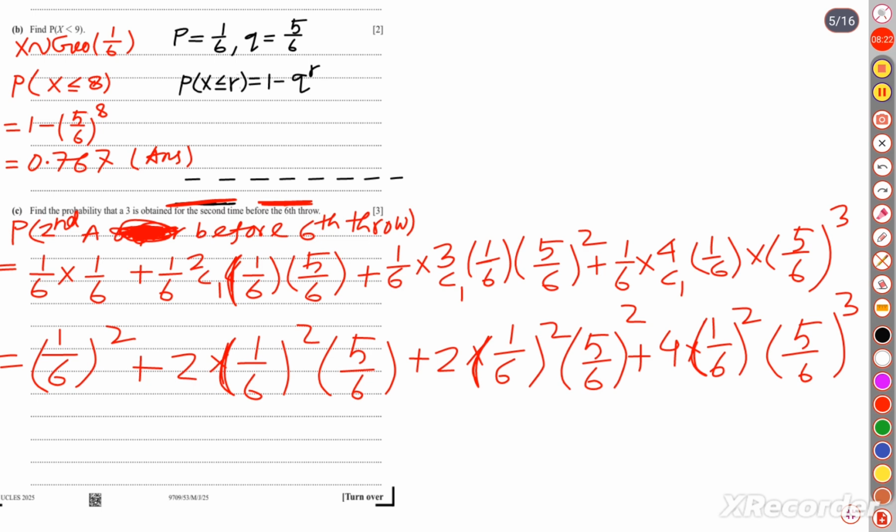Simply you can think that he might get succeeded in the first two trials, or among three trials the third one was success and the first two were failure. Third one success, and between the first two one was success, one was failure, but we don't know which one was success or failure. That's why we have applied the concept of combination, 2 choose 1.